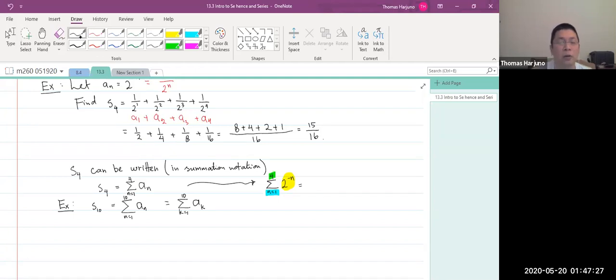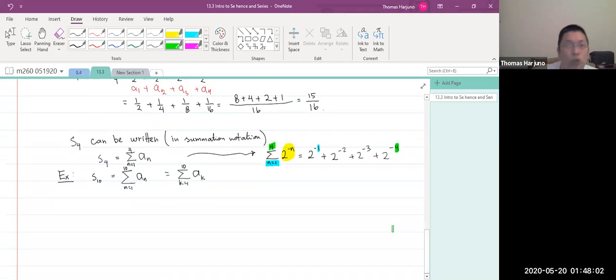Now, it will be 2 to the power of negative 1, plus 2 to the negative 2 plus 2 to the negative 3 plus 2 to the negative 4, and you stop there. That's what it means. So it's more about you reading the notation.